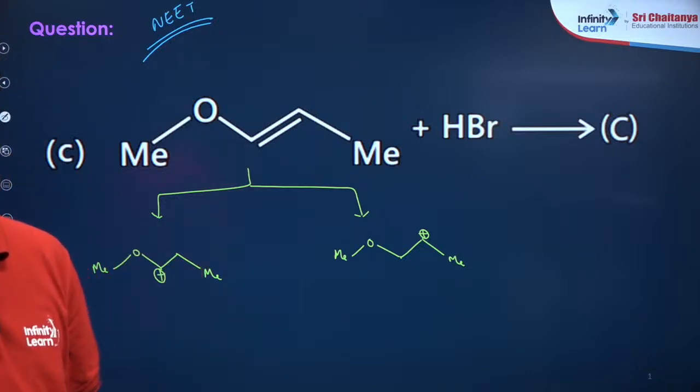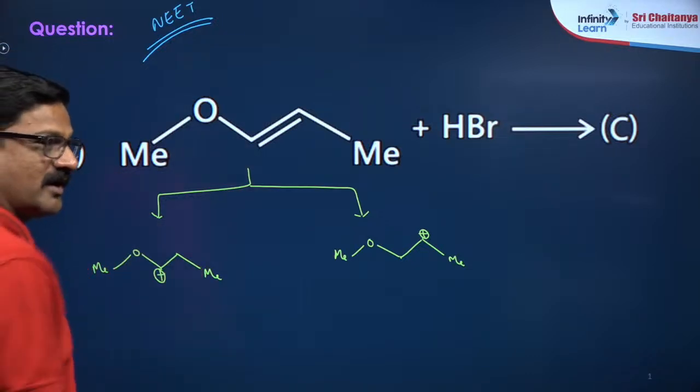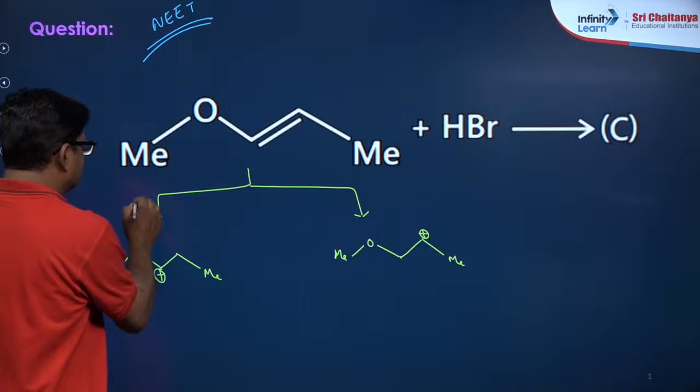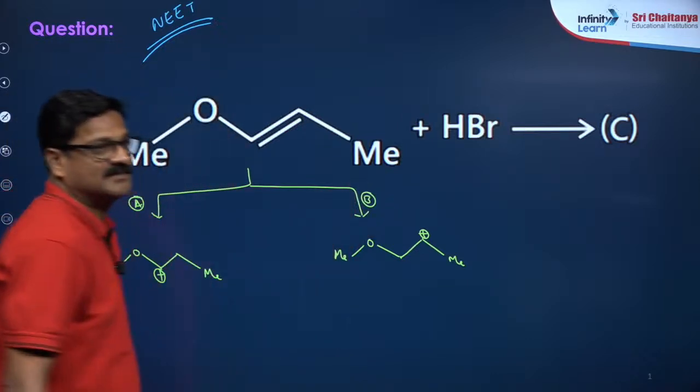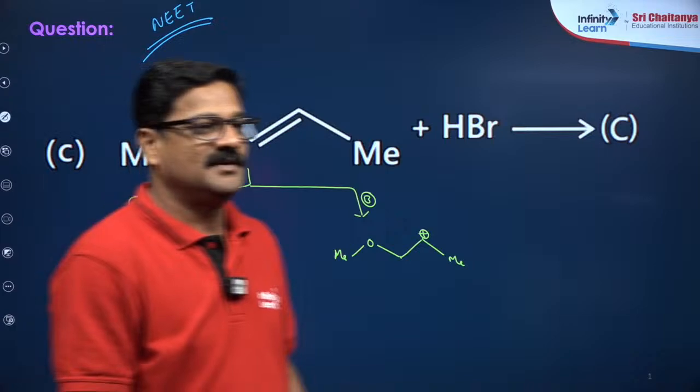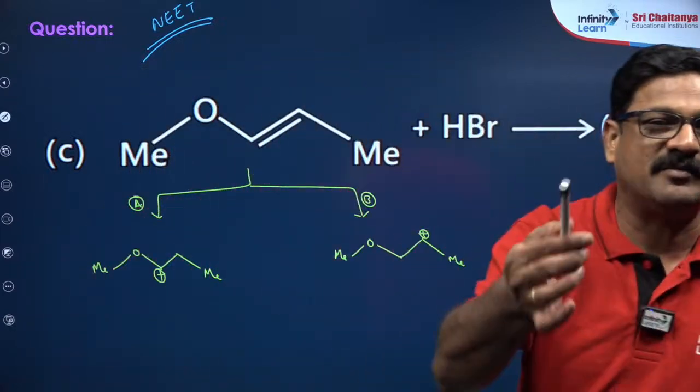Which carbocation is more stable, carbocation A or carbocation B? Tell me in the chat box, tell me in the chat box, carbocation A or carbocation B?